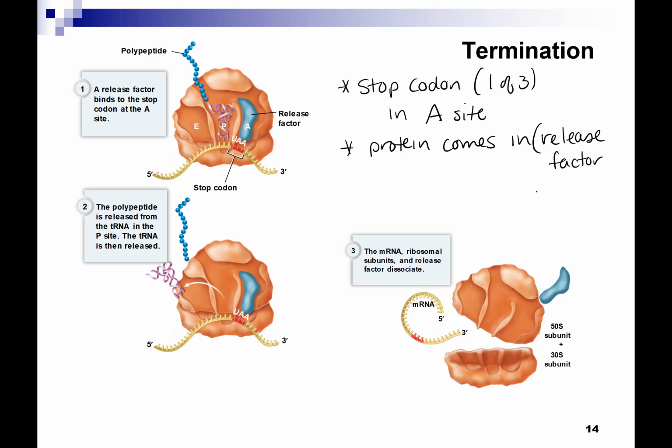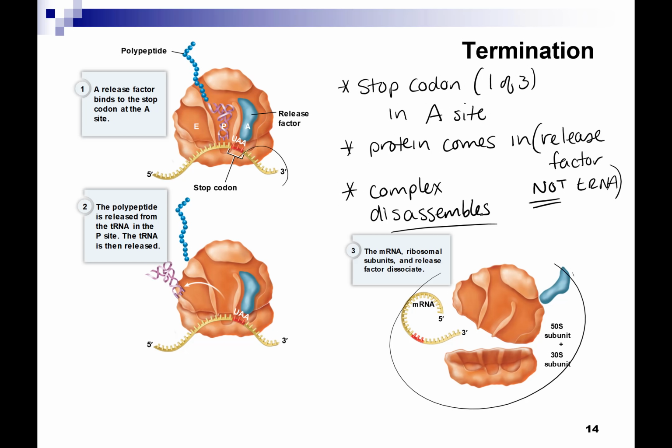And the big important part here is it's not a tRNA. Protein comes in, the whole complex disassembles. So that's why I was telling you guys in class, stop means stop. You can't keep translating past that stop codon because the ribosome has fallen apart, the mRNA has been released, and you actually have to start over and go back to the cap.